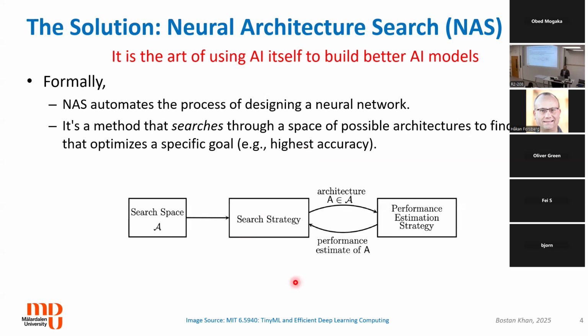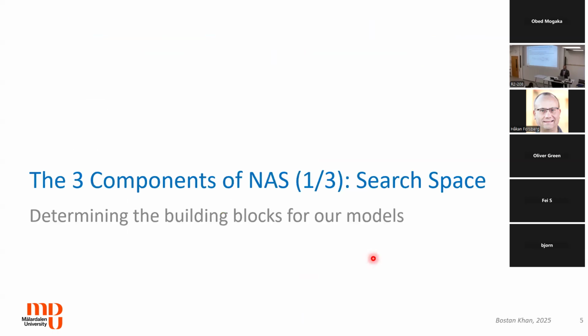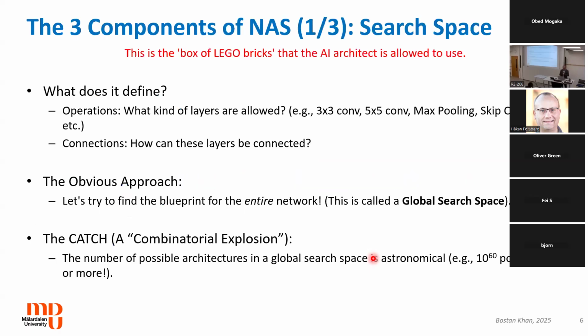This is neural architecture search. We have three main components that form the building blocks of neural architecture search. The first thing is the search space.